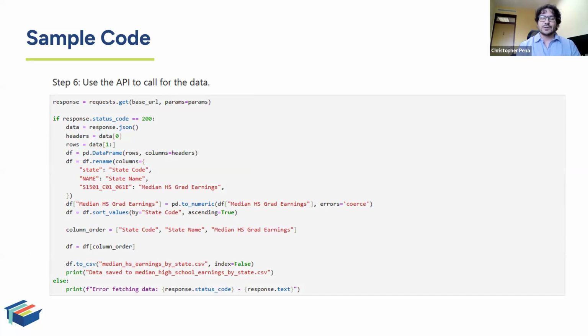And all we're doing is calling the API using the parameters that we defined earlier and the URL that we defined as well. We're telling it what we want to do. We're reading it into a data frame, which is a Python data structure, very, very similar to a table. And then we're writing that out to a CSV file. And that's it. That's all we're doing here. So a very, very straightforward process.